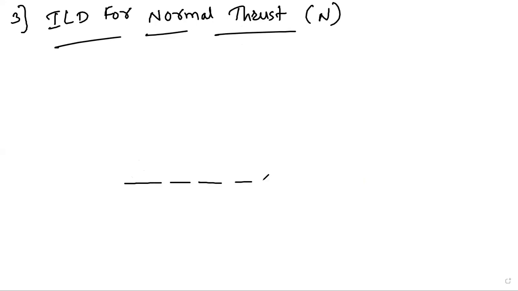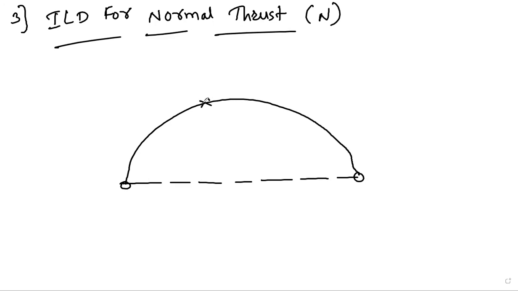suppose this is your two hinge arch. Suppose I am taking any point, that is point G, right?